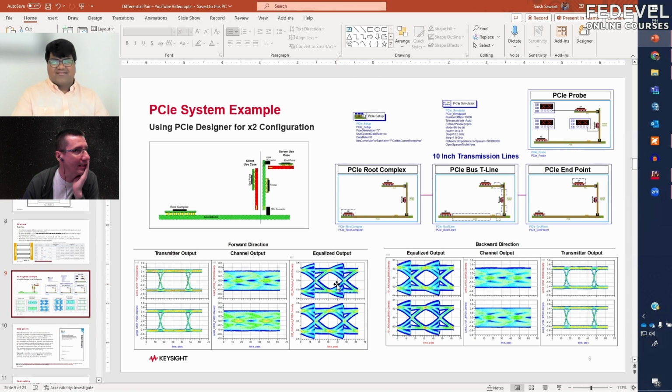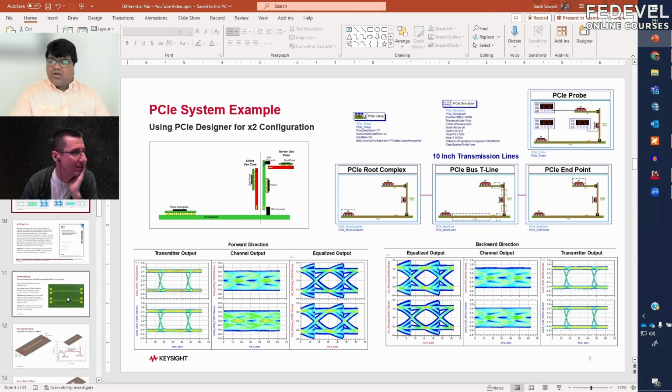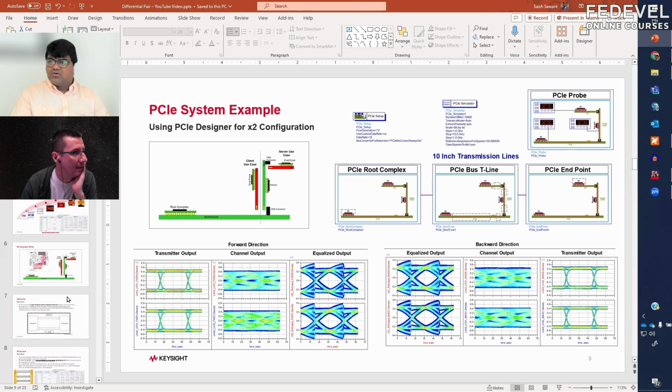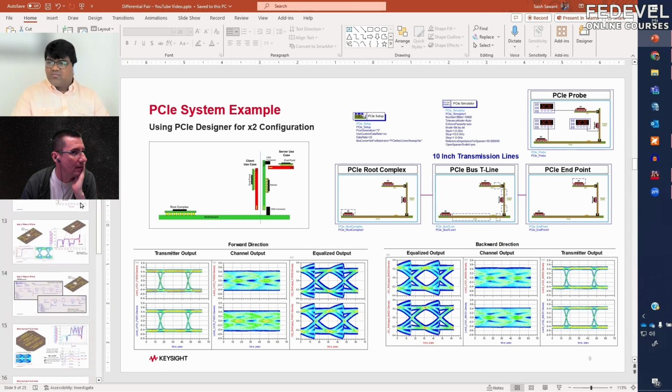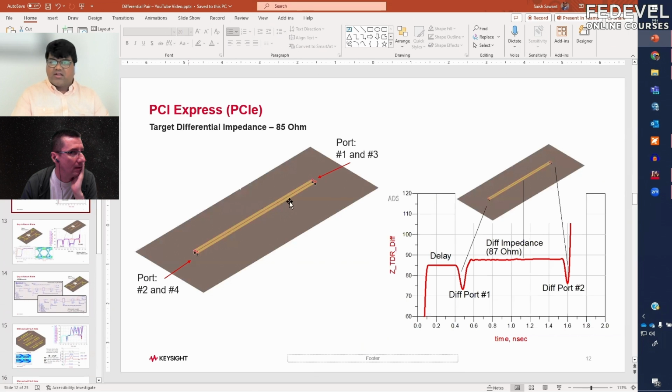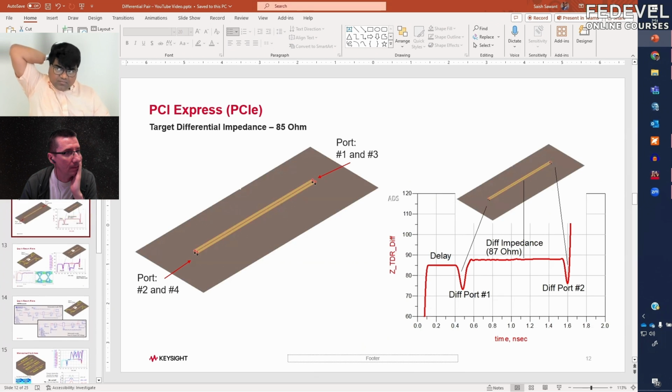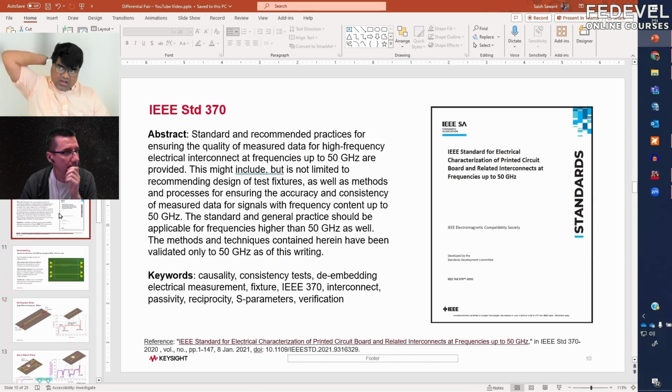Okay, so what else do you have in these slides? I'm curious. Did we talk about all the examples? No, I have one more example, and initially I wanted to bring the audience's attention to IEEE standard 370.